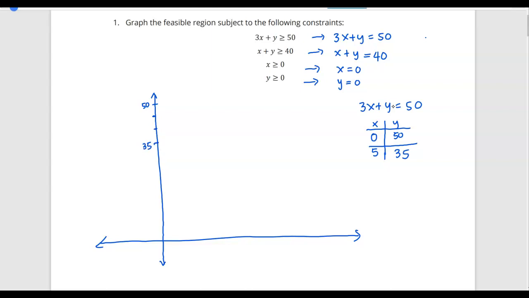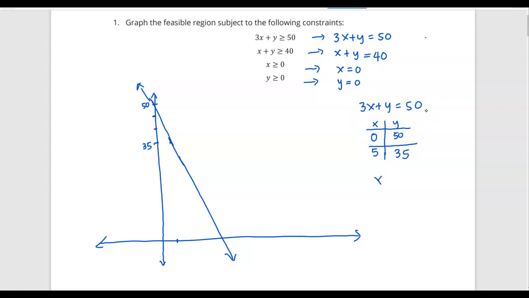And then we'll do increments of 5 here as well. So we have this point here. Okay, so connect those 2 points. So this is the line 3x plus y equals 50.